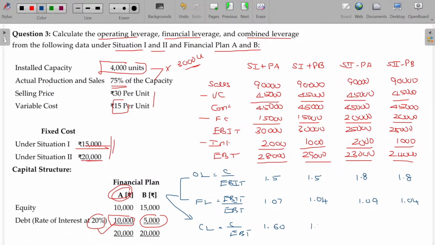Okay, 1.6. 1.605, I can make it 1.6. And this one being 1.96 and 1.87.